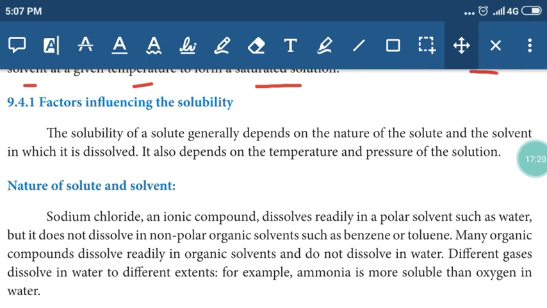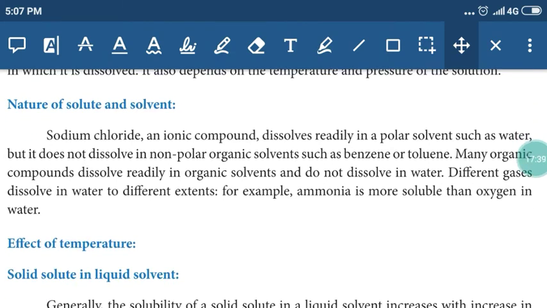Next, what are the factors which affect solubility? Nature of solute, nature of solvent, temperature, and pressure. These are the 4 factors which influence solubility. First we take nature of solute and solvent. Always a polar solute can be dissolved in a polar solvent.